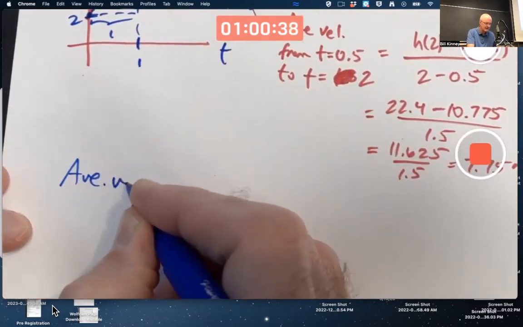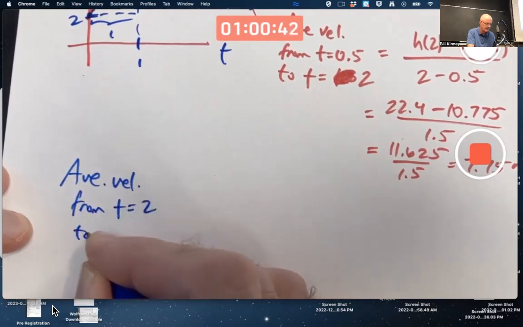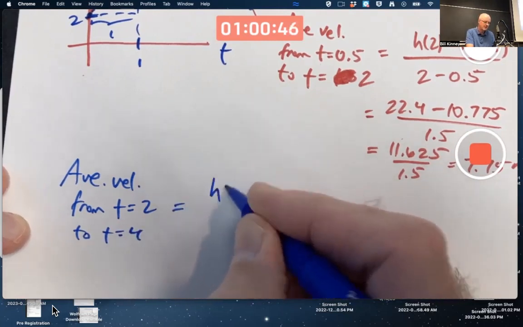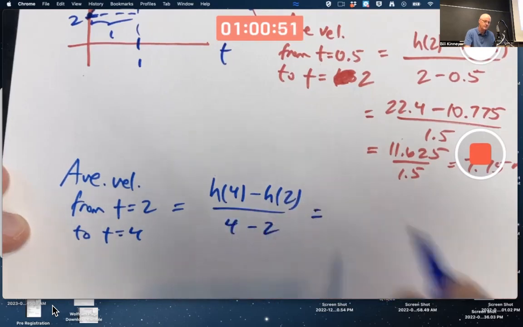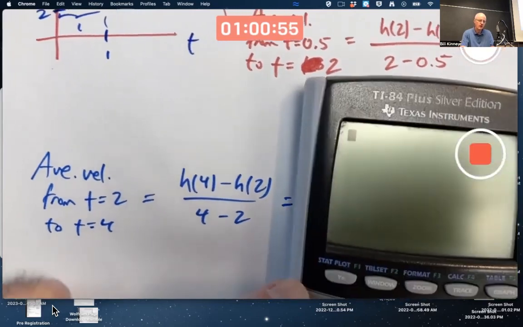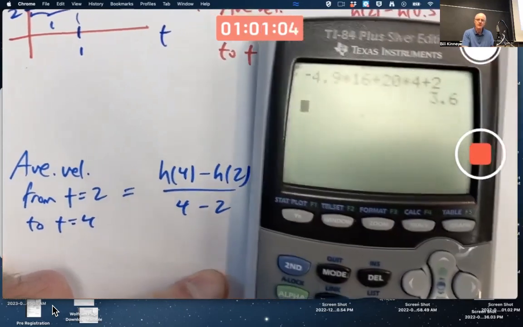Average velocity from t equals 2 to t equals 4. H of 4 minus h of 2 divided by 4 minus 2. H of 4 is negative 4.9 times 4 squared plus 20 times 4 plus 2, 3.6.